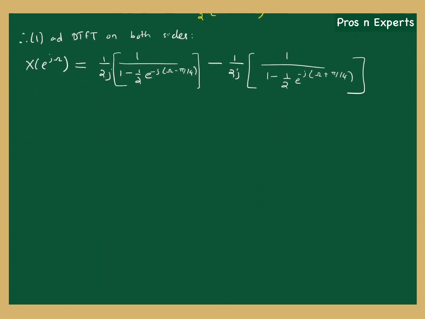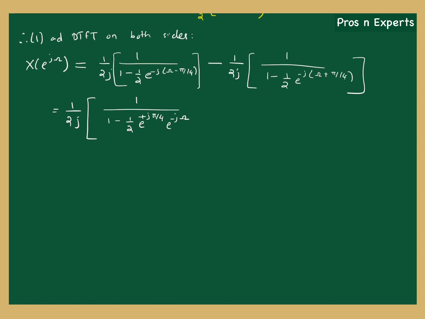Okay, so that is equal to, I can take 1 by 2j common, and that is 1 by 1 minus half e raised to minus, sorry, I can expand this bracket, so that will give you e raised to plus j pi by 4 into e raised to minus j omega.